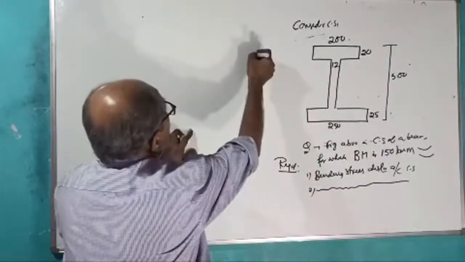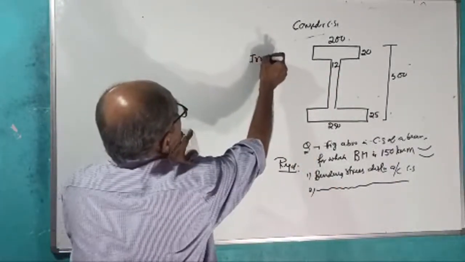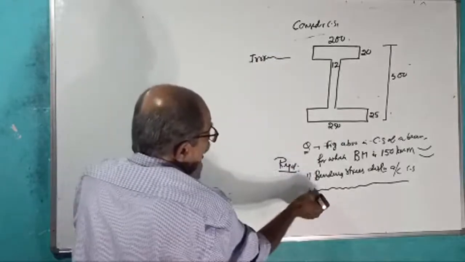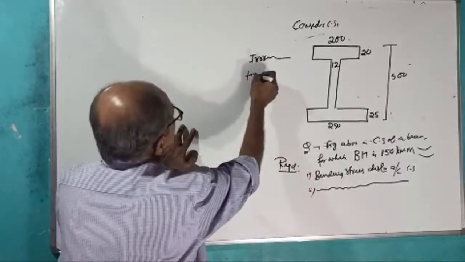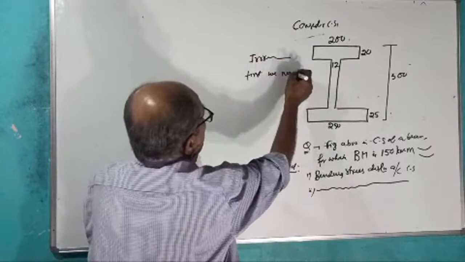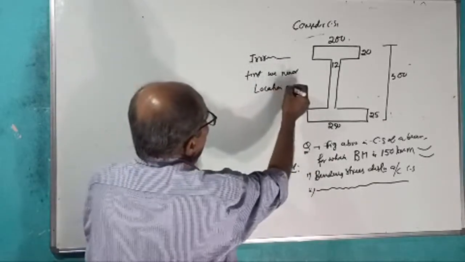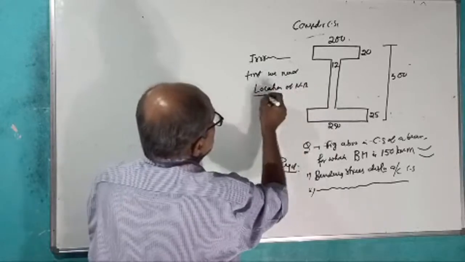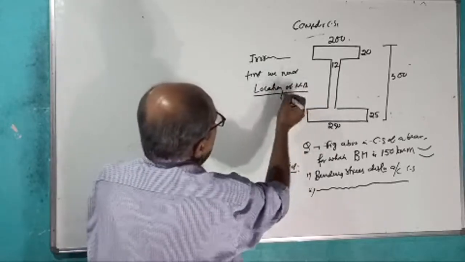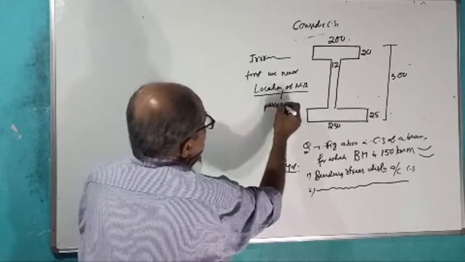First, irrespective of one or two, first what you require? First we need the location of neutral axis. You know that neutral axis passes through CG.